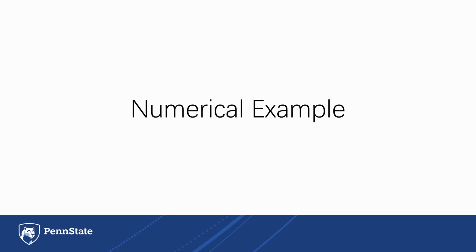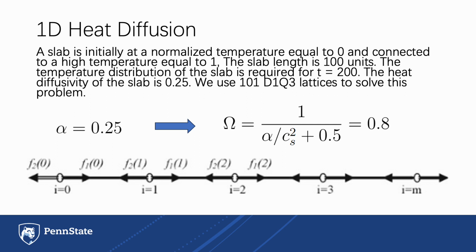Now we are going to look at a similar example, but this time we are going to implement the Lattice Boltzmann in code, and we are going to explain how each part of the process is done via coding. For this example, we are going to calculate the temperature distribution for a slab which is already normalized, with the temperature at its lowest and a high temperature equal to 1.